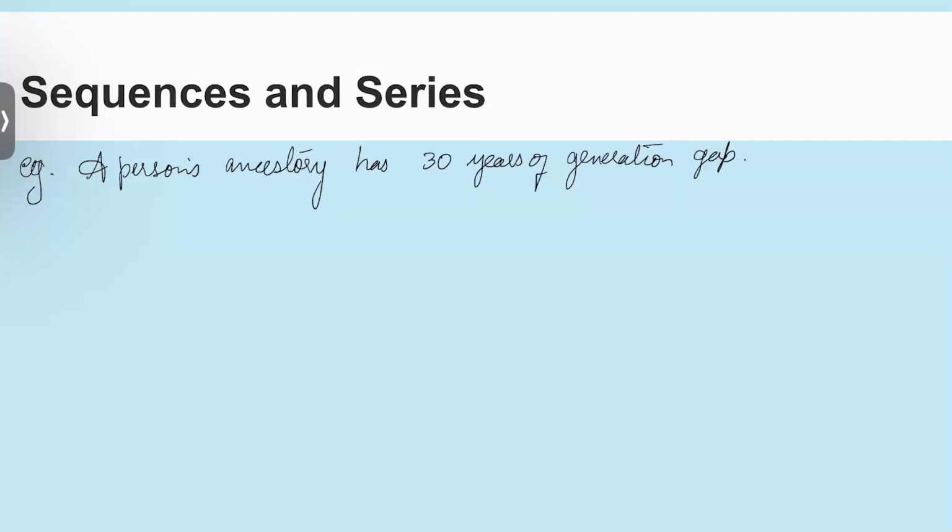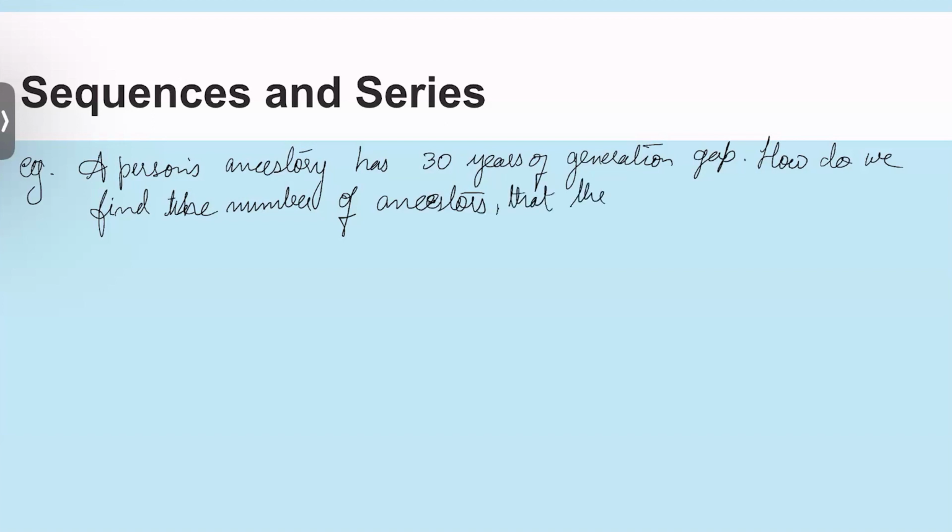Okay, so how do we find the number of ancestors that a person has had in the last 300 years?